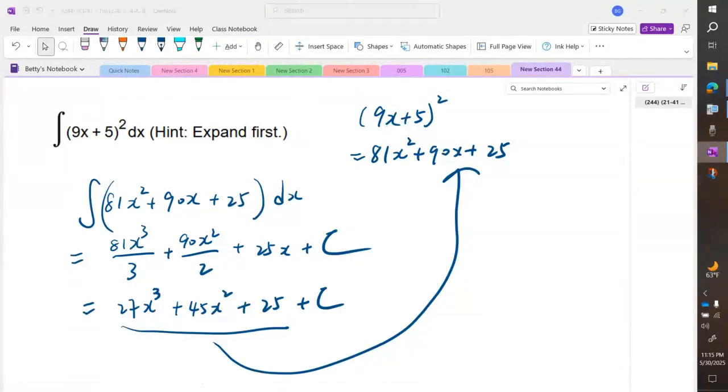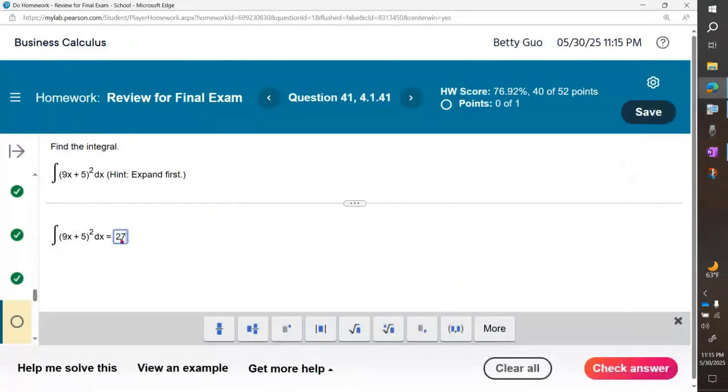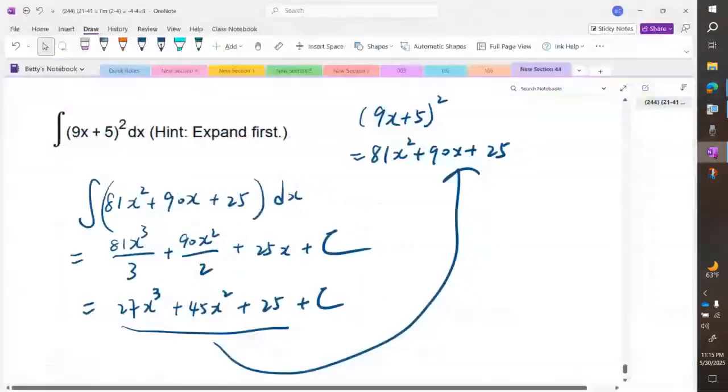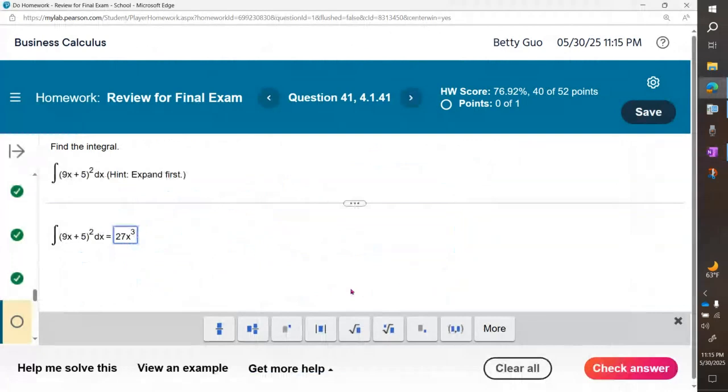So 27x cubed plus 45x squared plus 25x plus C. I always use capital C. I don't know if using a lowercase c will get marked wrong, but use capital C. Do I miss an x here?